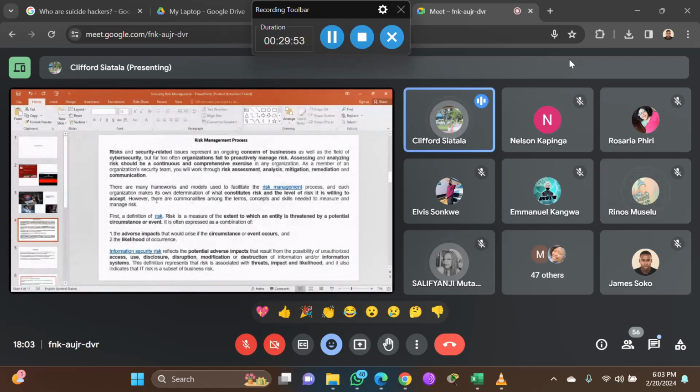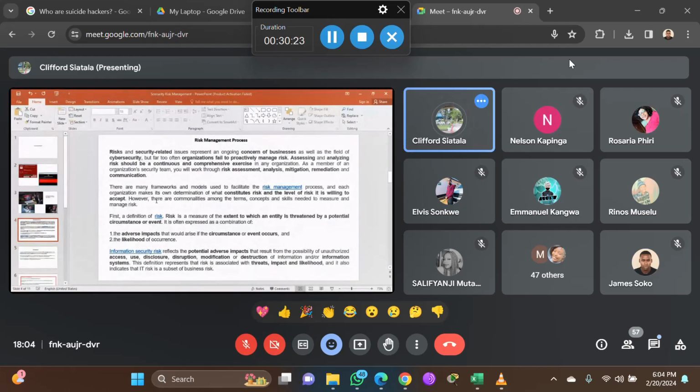Okay, good. There are many frameworks and models used to facilitate the risk management process, and each organization makes its own determination of what constitutes risk and the level of risk it is willing to accept. Of course, there are certain models which are available that you can actually use to your benefit.